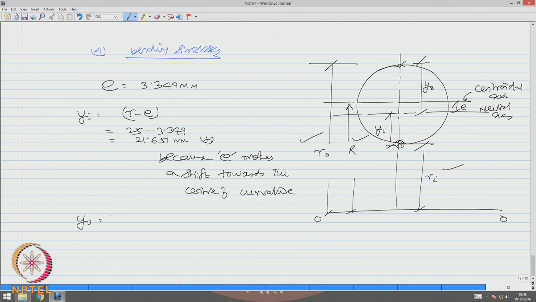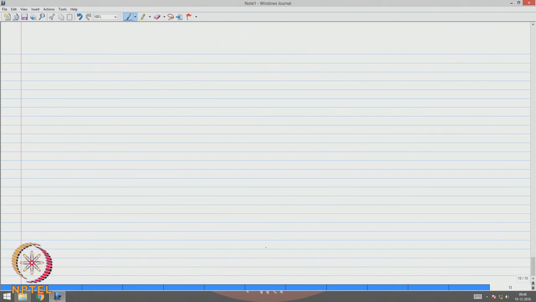And similarly, distance of extreme fiber extradas will be R plus e, which is 25 plus 3.349, which is 28.349 millimeters.